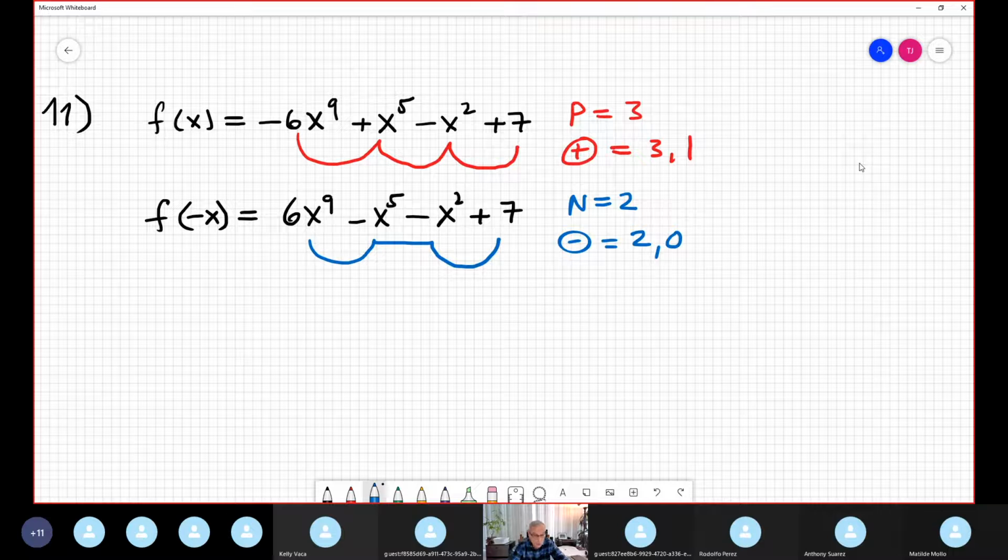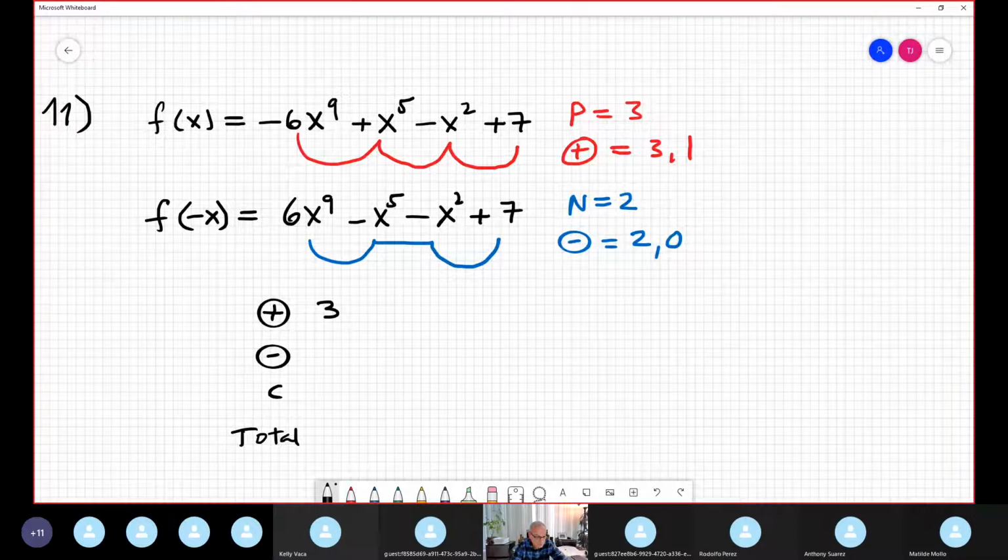So let's do it in the table, the famous table that helps me to understand using the Descartes rule: positive, negative, complex, and total. So we have this combination of 3 and 1. Negative is 2 or 0.